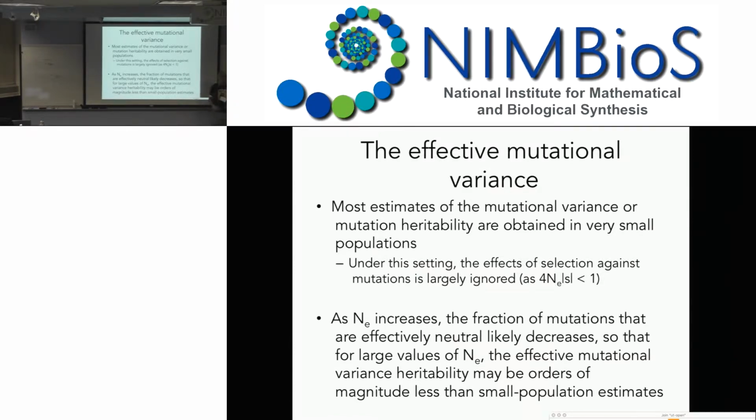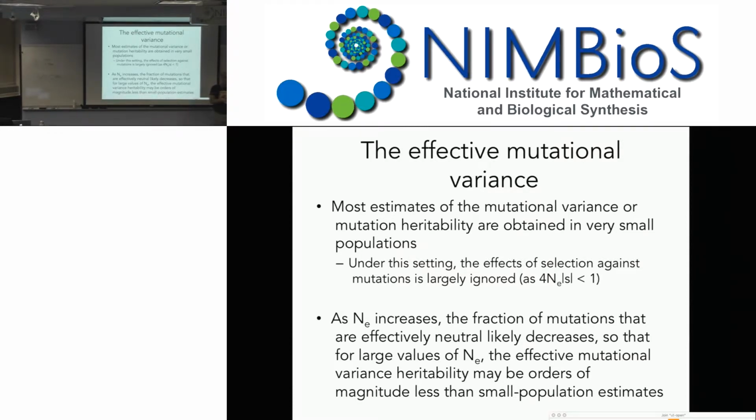And so you might have a lot of alleles that arise that are deleterious. In a small population, suppose S is 0.1. That's a huge selection disadvantage. But if your effective population size is 2, you're still less than 1 and drift overpowers those. So those estimates of the effective mutational variances in small populations probably don't translate well to large populations.